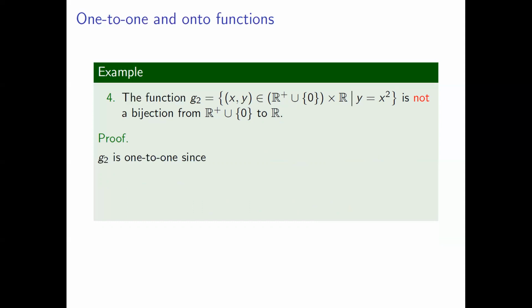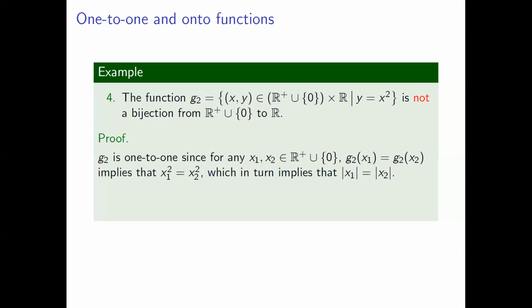Indeed, g2 is one-to-one since for any non-negative real numbers x1 and x2, g2 of x1 equals g2 of x2 implies that x1 squared equals x2 squared, which in turn implies that the absolute value of x1 equals the absolute value of x2. Since x1 and x2 are both non-negative, this means that x1 equals x2.